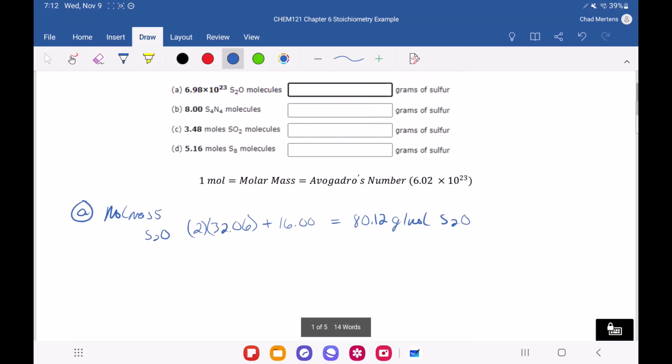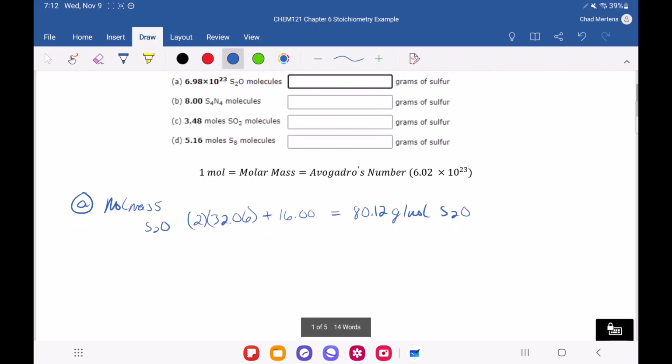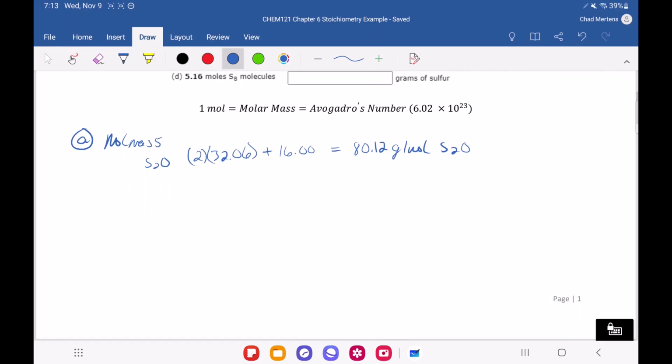So we have our molar mass, and now we want to get this number into grams of sulfur. If we start with our given, we have 6.98 times 10 to the 23rd molecules of S2O.